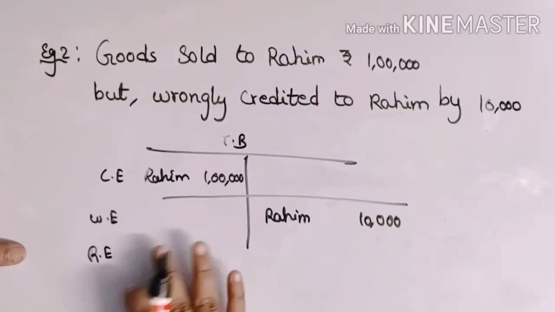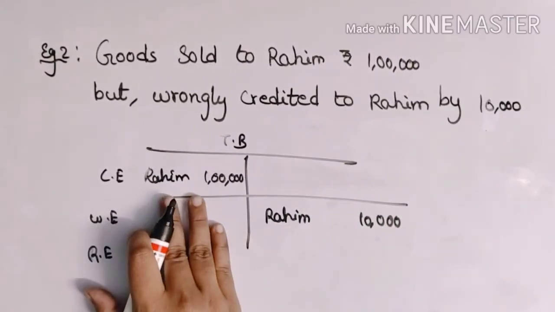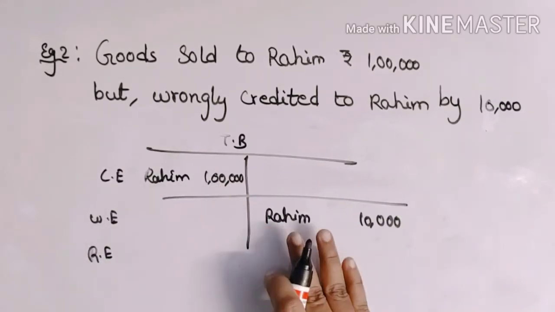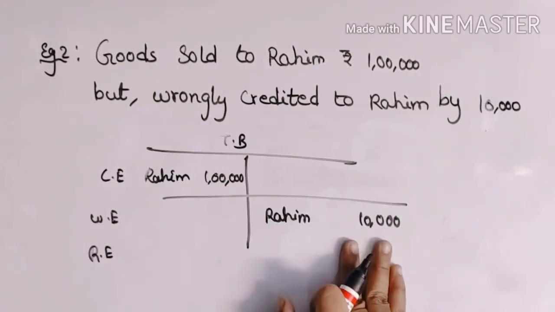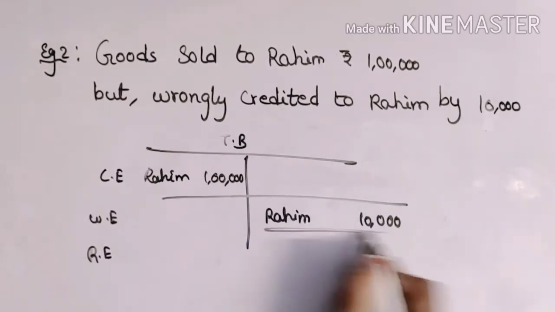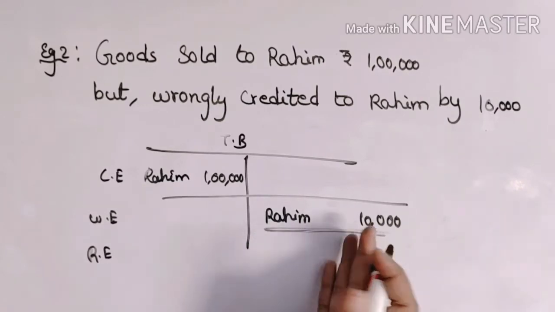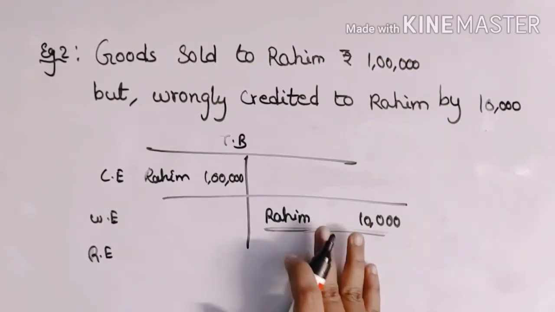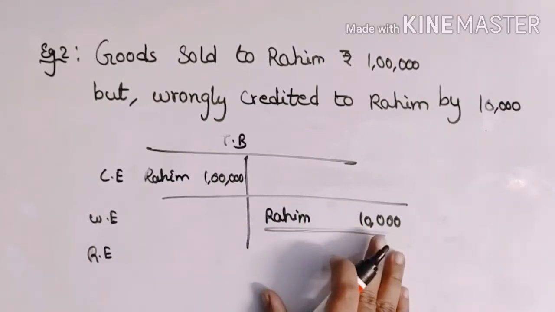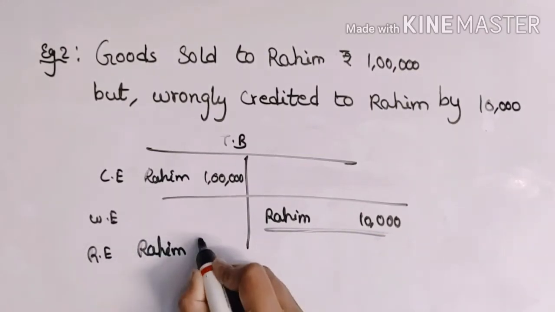Now how to rectify this posting? See, the Rahim account must be debited with 1 lakh, but the Rahim account is credited with rupees 10,000. Firstly, just rectify this error. To rectify this error, simply debit the Rahim account with 10,000 rupees.